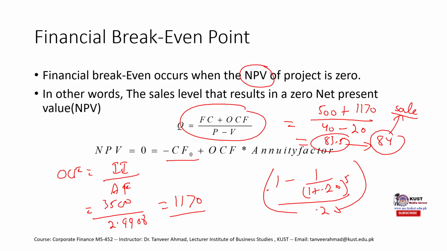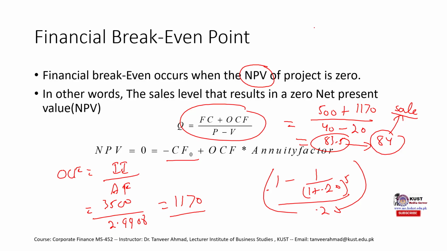So if the company sells more than 84 units, then the company would have a positive NPV. If the company sells less than 84 units, then the company would have a negative NPV. Obviously, the company would want a positive NPV. So what do you think now about the forecasting risk?